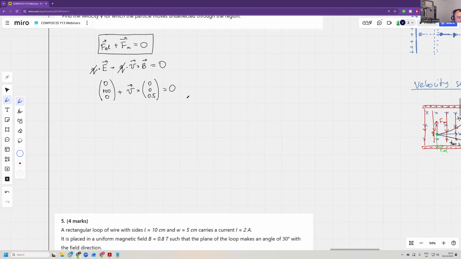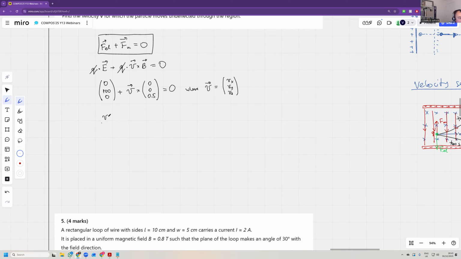What I'm going to do is write V as Vx, Vy, Vz. So it's the velocity in the x direction, velocity in the y direction, velocity in the z direction. And I'm going to multiply these two vectors together.